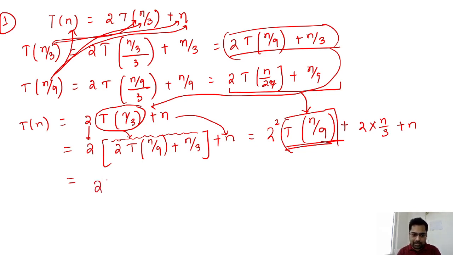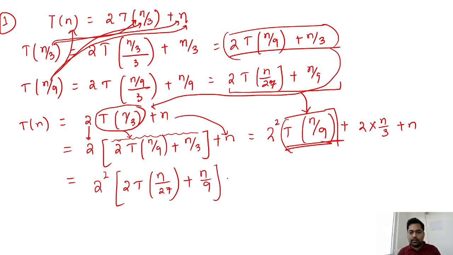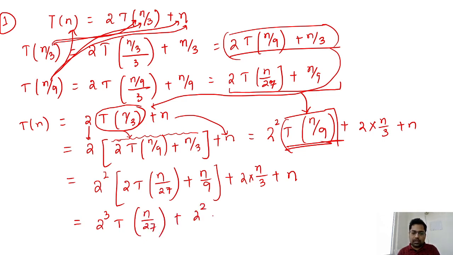That we are going to substitute now: 2T(n/27) + n/9, plus 2n/3 + n. We are just keeping it as it is. Now 2 squared will be 2 cubed T(n/27) + 2 squared into n/9 + 2 into n/3 + n.